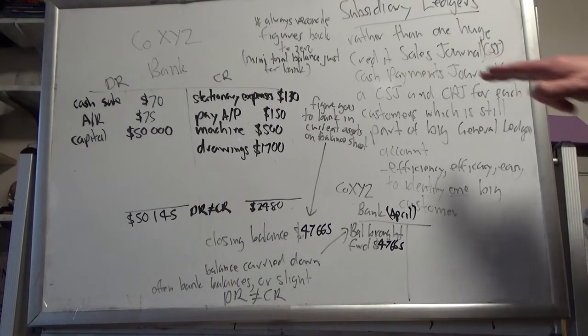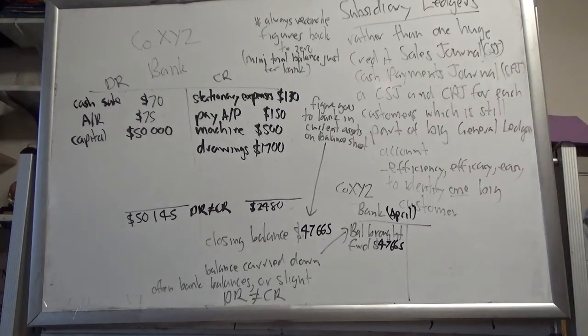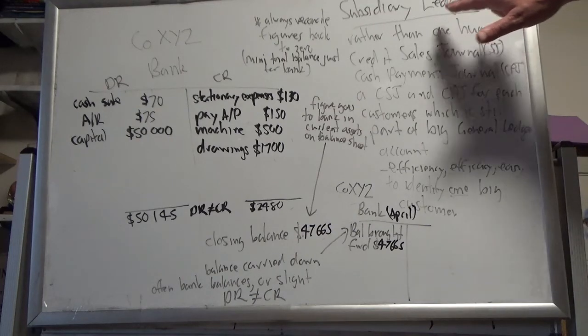Now with the sales journal, the payments journal for big companies, for example Coca-Cola Amatil, their sales journal is so huge, selling to different customers, that they need subsidiary ledgers.